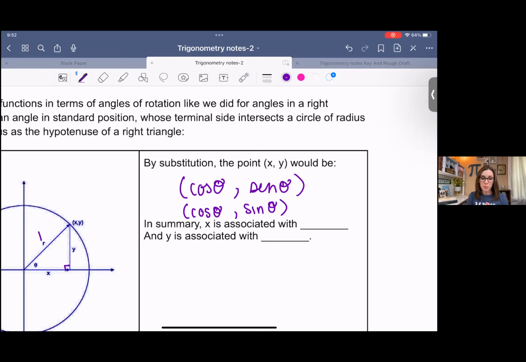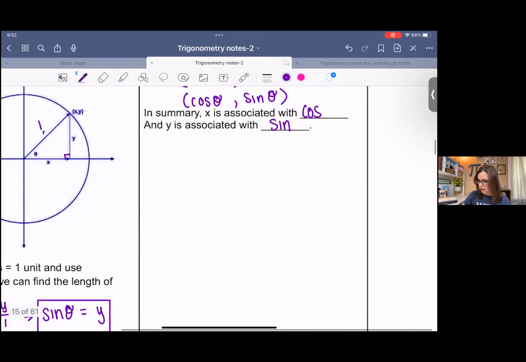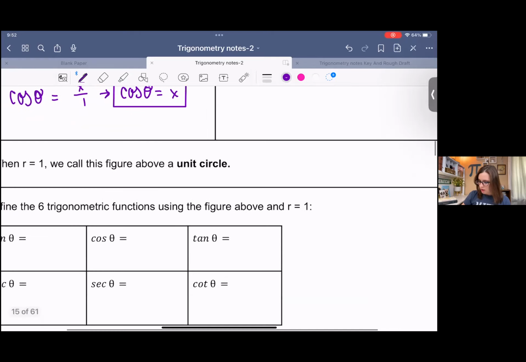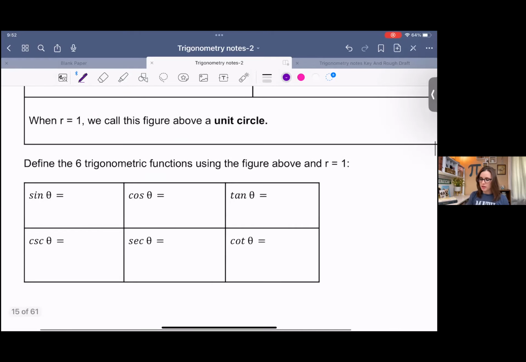All right. So in summary, X is always associated with cosine and Y is always associated with sine. And that's going to be key later in the course. Now we're going to define the 6 trig functions using this information above where R equals 1.